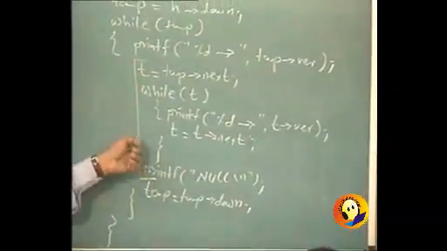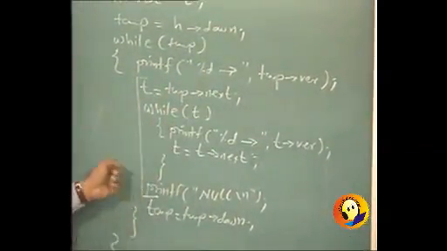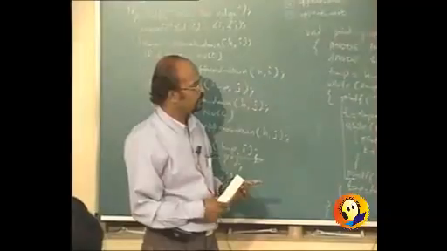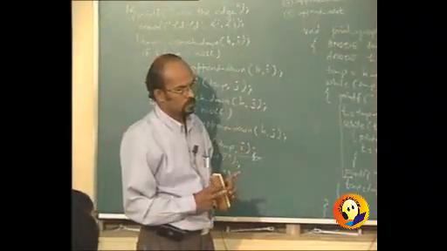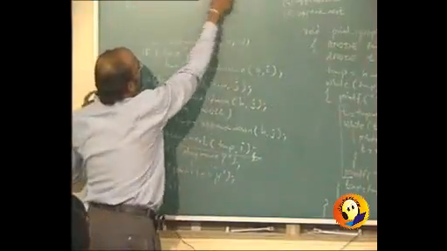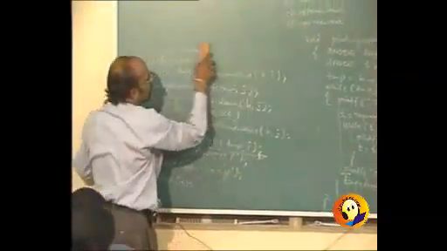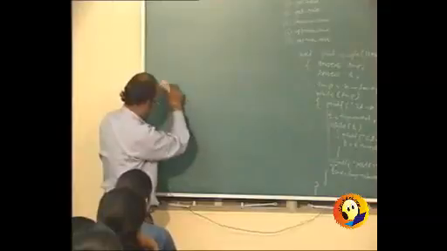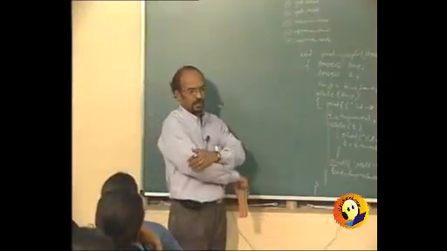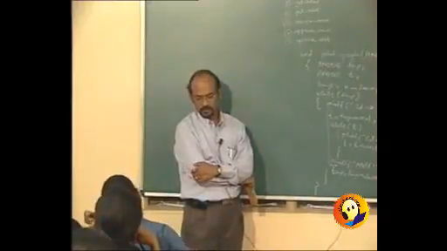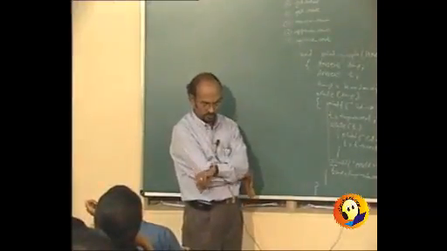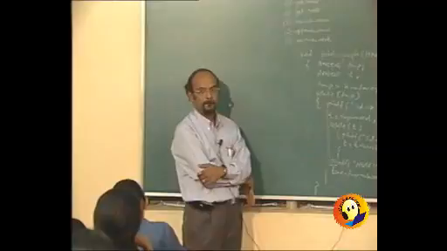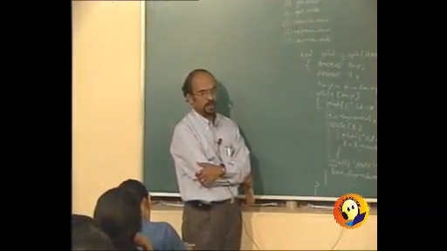And then this is printing only the next list, but for every down node. Any doubt up till now?